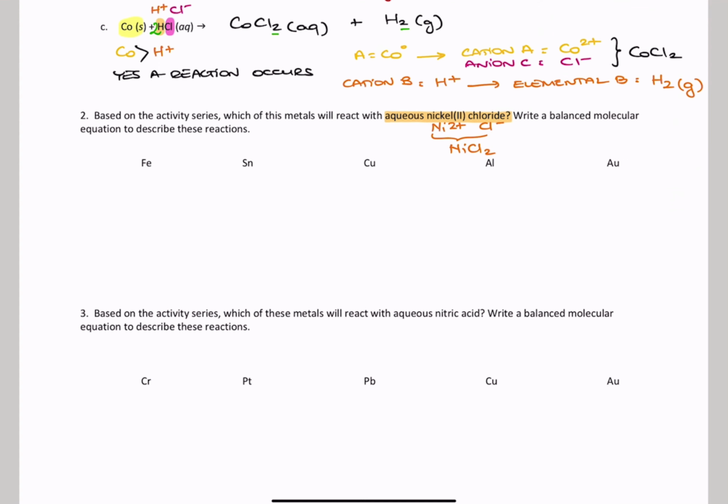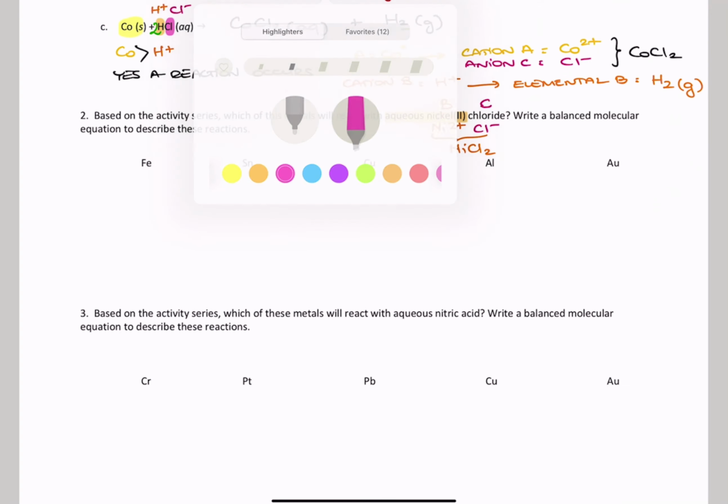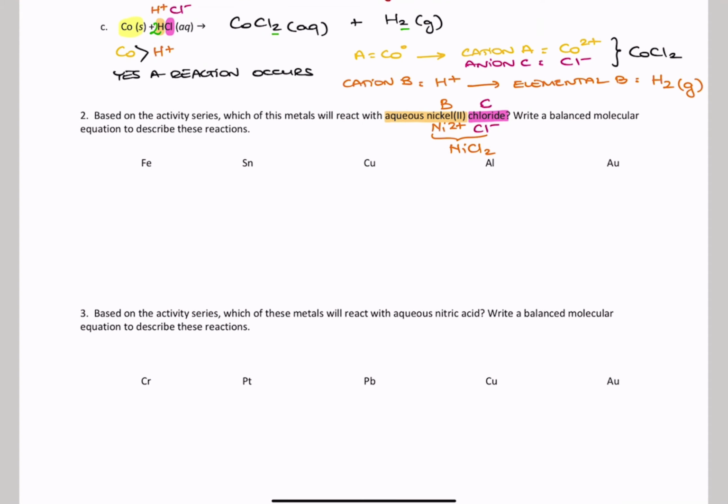Well, we have to picture that actually here, this is the cation B, and here we have the anion C. And what we're trying to see is if any of these elemental A will react.